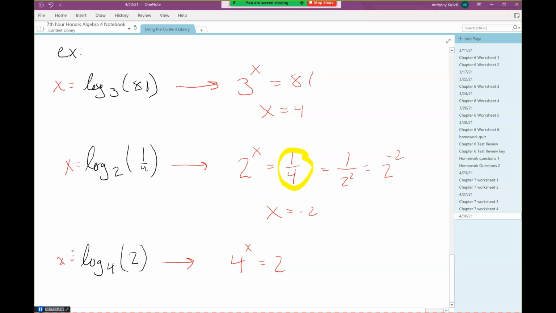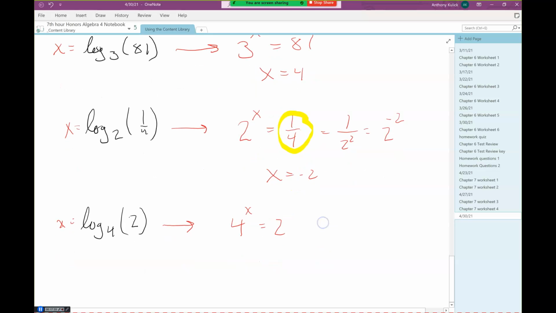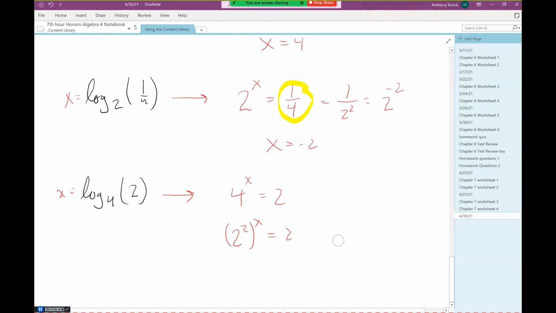Now, can I rewrite 2 to get 4? No. But can I rewrite 4 to have a base of 2? I can do that. So let's do that instead. Right? 4 is just 2 squared, right? And if I have an exponent of an exponent like that, they multiply.